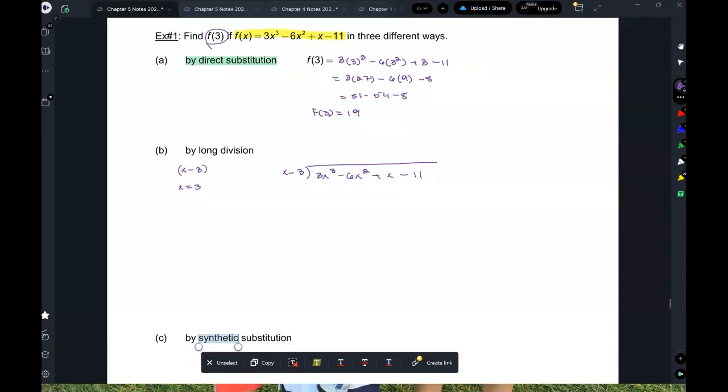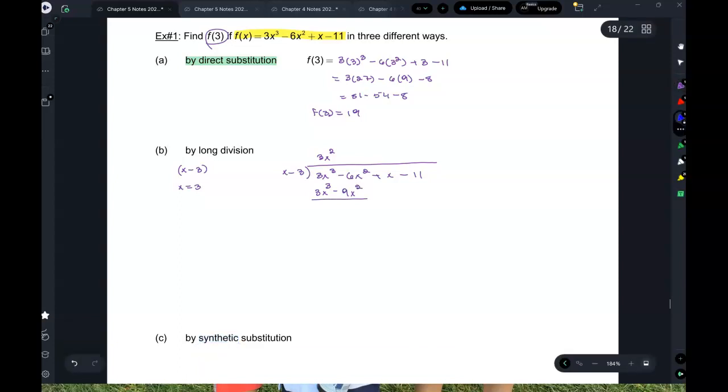3x cubed over x, we get 3x squared, right? So we're kind of reviewing at the same time. You multiply the whole divisor, 3x cubed minus how much? 9x squared. What do we do now? Change the sign. So this goes away. We have 3x squared.